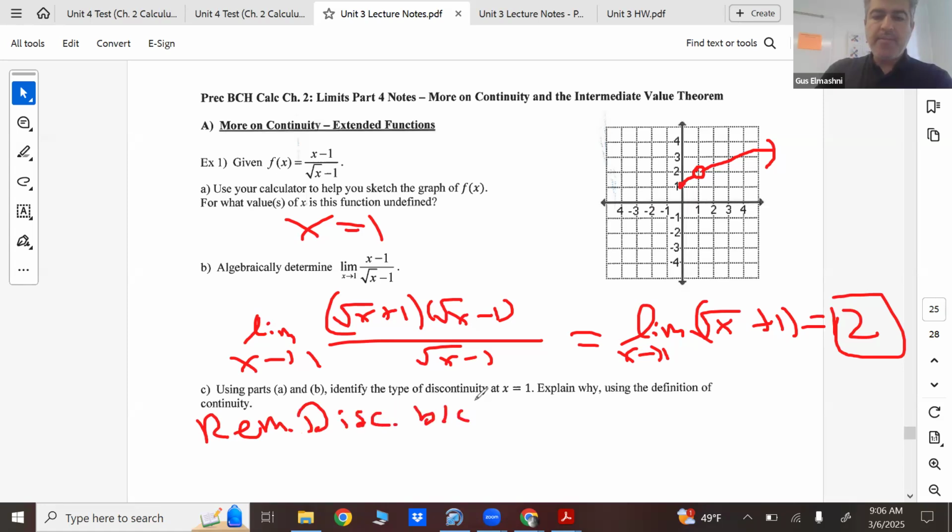And that's because, well, really because f(1) does not exist. But the limit as x approaches 1 does exist.